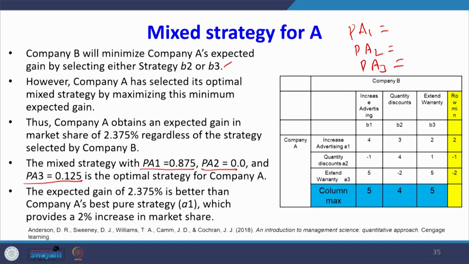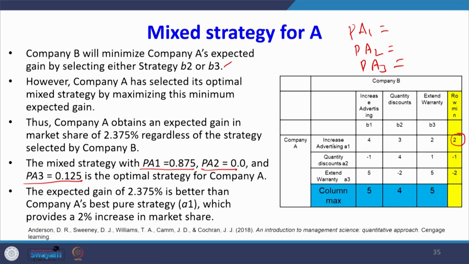The expected gain of 2.375 percent is better than company A's best pure strategy A1, which provides a 2 percent increase in market share. When the company plays with a pure strategy, the market share gain is only 2 percent. But when player A plays with the mixed strategy, what is that mixed strategy?